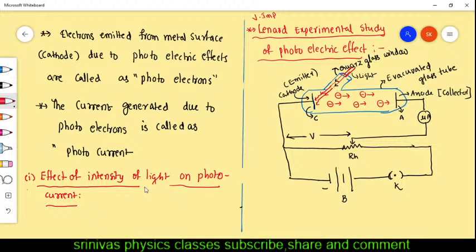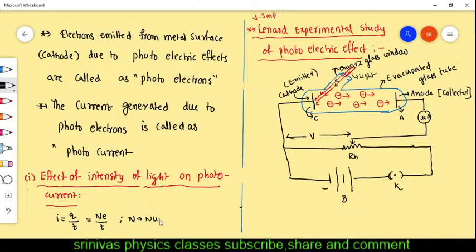When intensity increases, the energy of light increases. When the energy of light increases, the number of emitted electrons per second increases. When the number of emitted electrons increases, automatically the current also increases, because the current formula is charge by time, and the charge is N e, where N is the number of electrons.